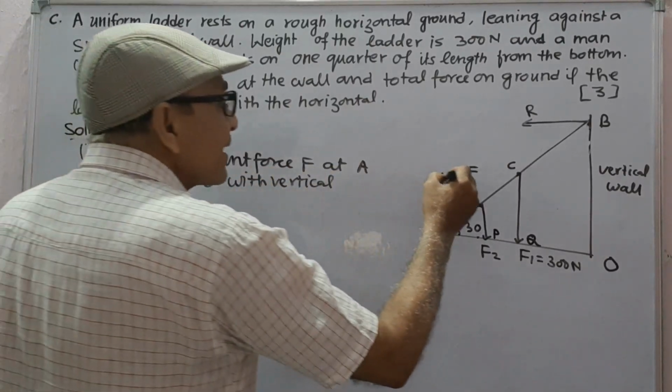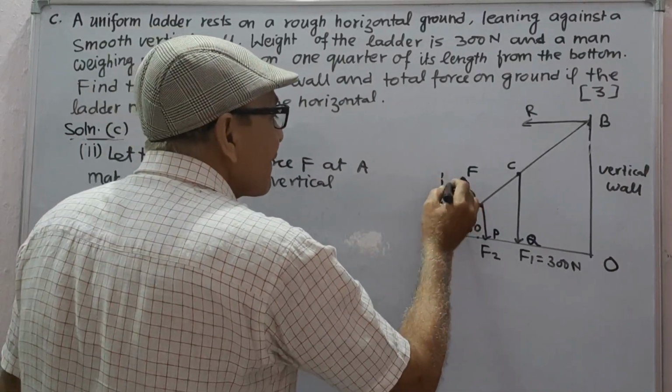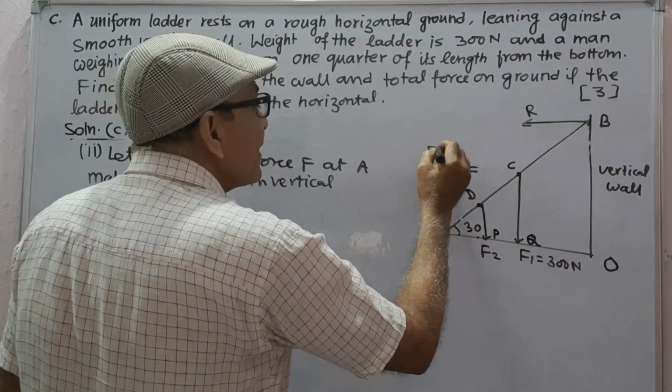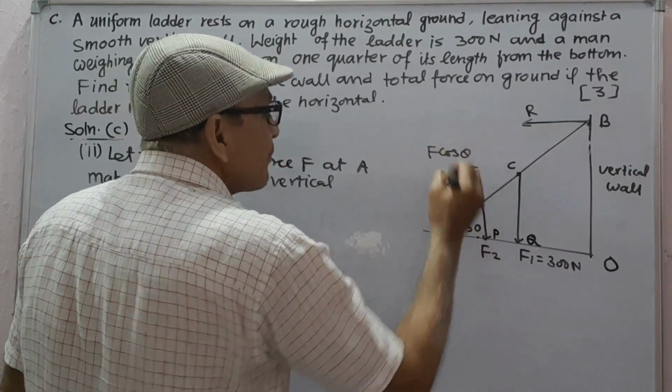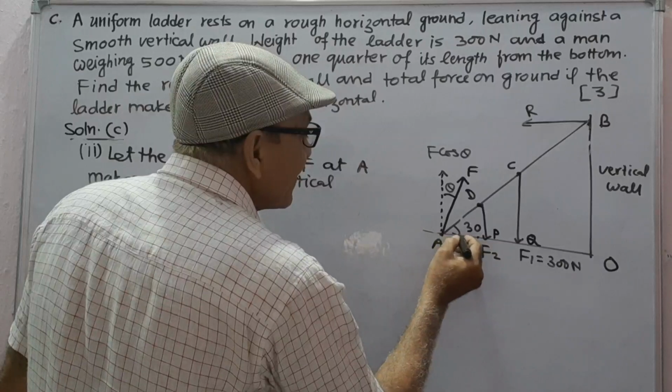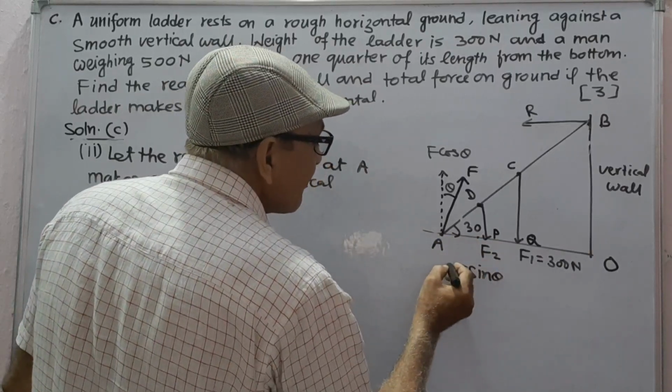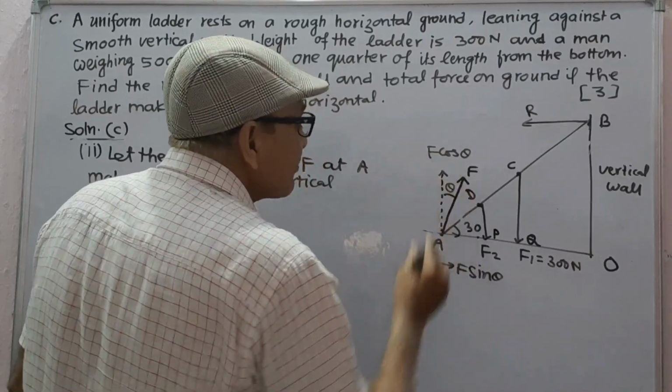Then its vertical component will be F cos theta, and horizontal component will be F sin theta. This is the horizontal component, this is the vertical component.